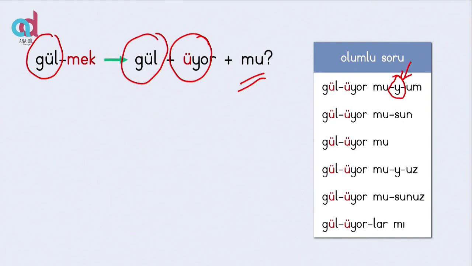So here we say first again verb root, then our present continuous tense suffix, then the question suffix, and then personal suffix. This is the one for me, I. Ben gülüyor muyum?